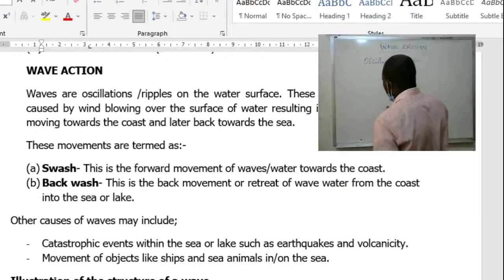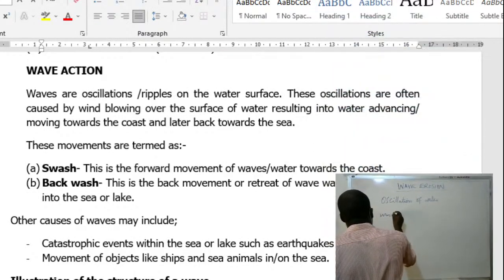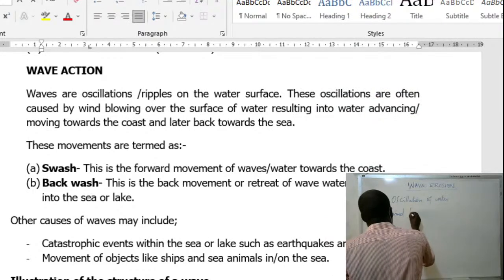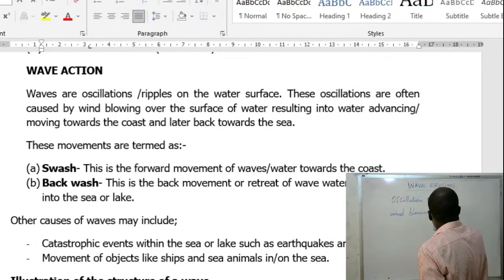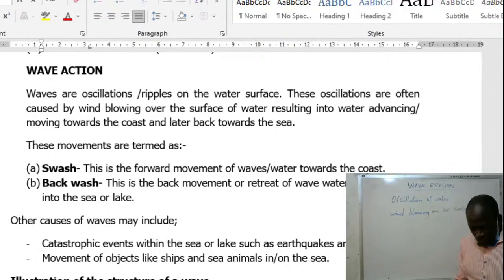So wind movement. The wind blowing on the water surface forces this water to also move in the same direction of the wind.